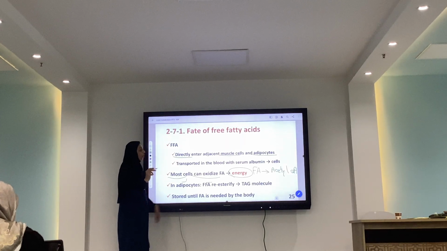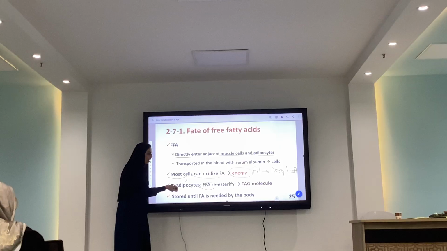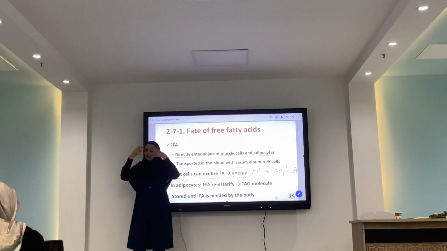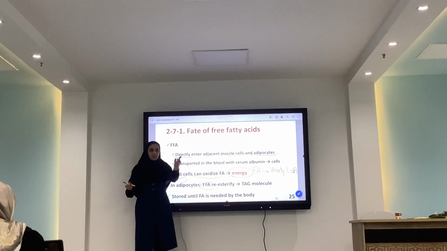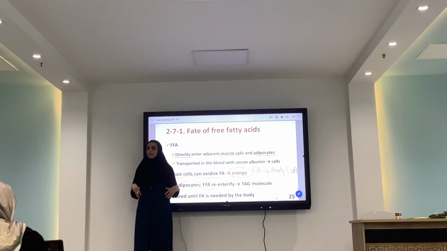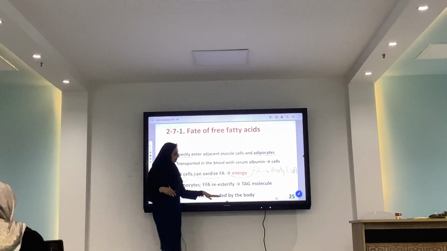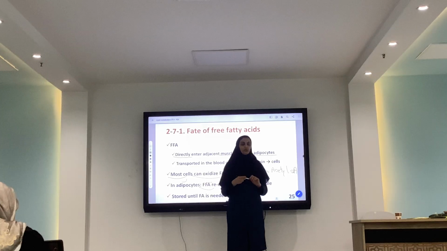And if we don't need energy, the free fatty acid goes to adipocytes and gathers together and produces TG and is stored in our adipocytes. Did you get the point? And stored until the time that we are in a fasting situation.